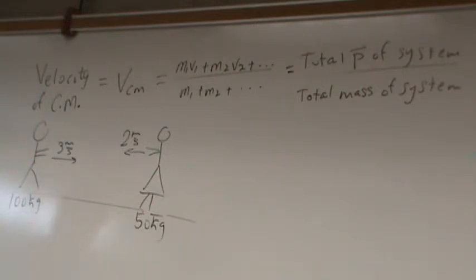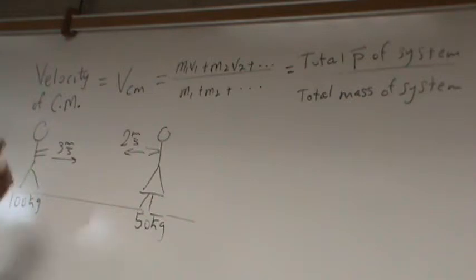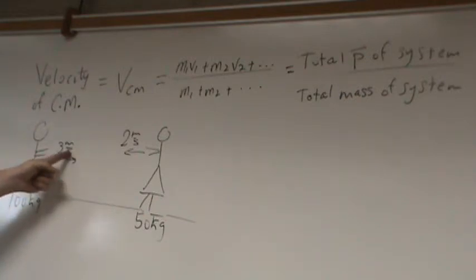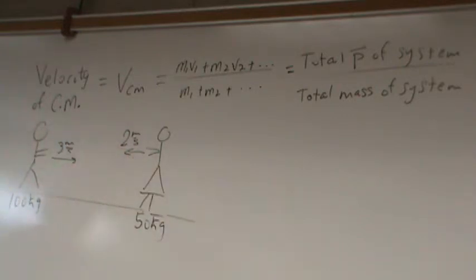Well, it turns out, looking at just center of mass, right now the center of mass, because he has twice the mass of the girl, the center of mass is going to be 1/3 of the way between him and the girl. The center of mass is going to end up being right there. But I want you to see that that center of mass is going to be moving to the right, because he's going so fast and she's going so slow.